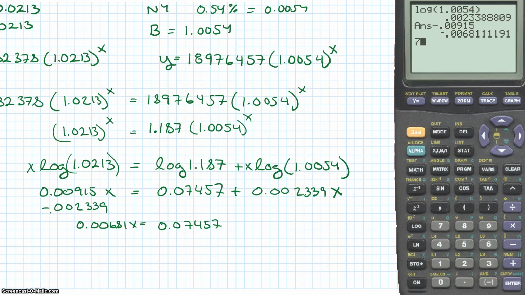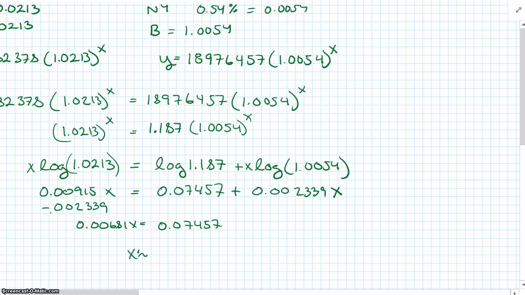So 0.07457 divided by my answer equals about 11 years. So x is about 11 years.